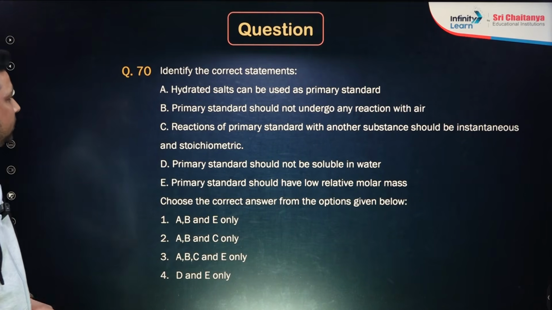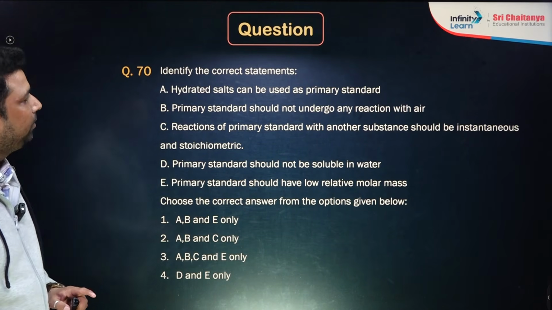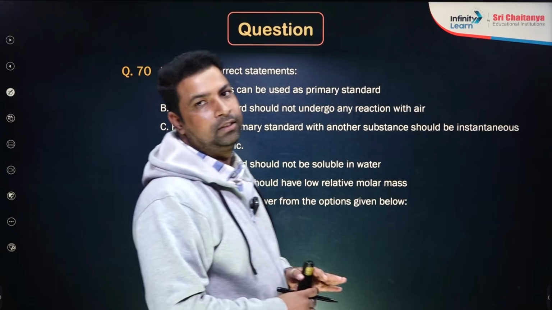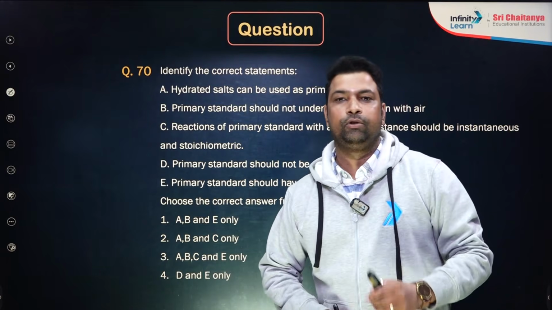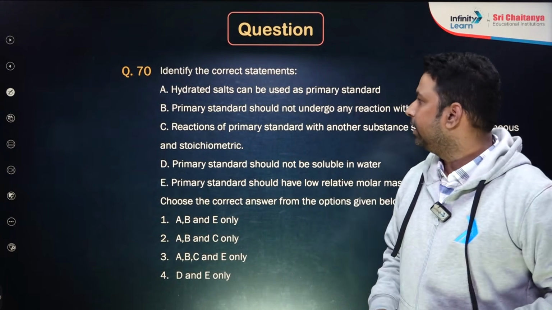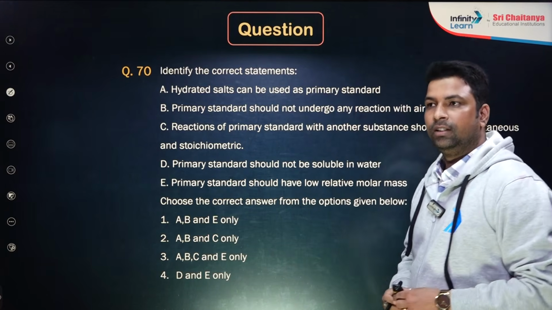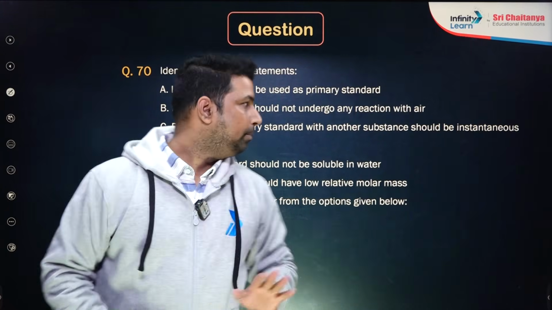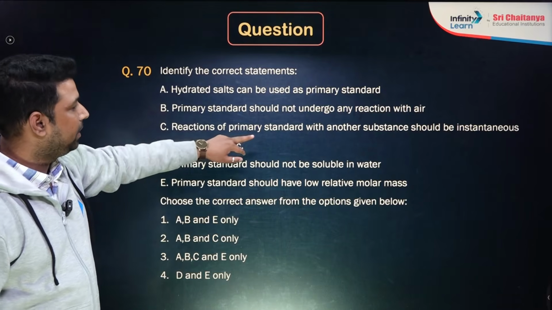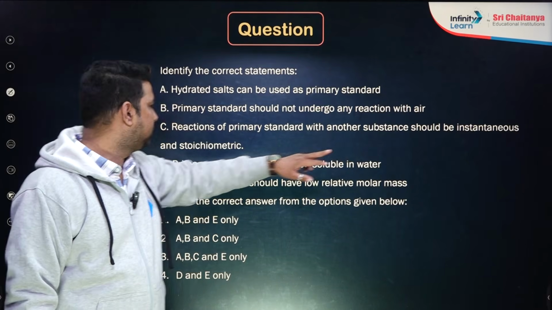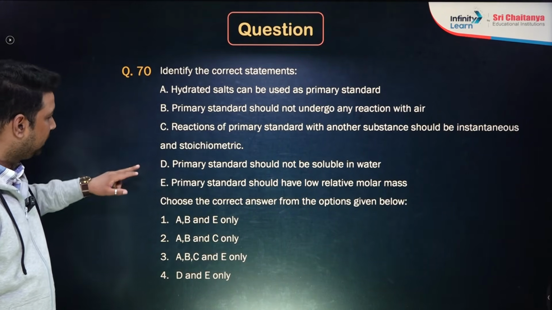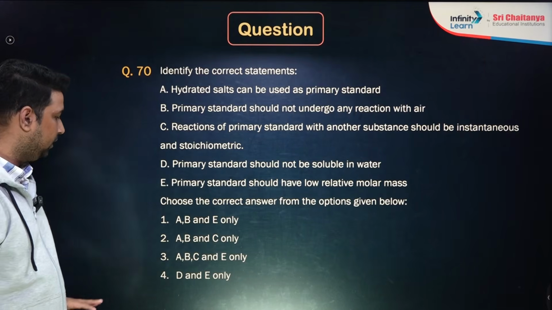The correct statement, hydrated salt can be used as a primary standard. Yes, it is correct. When we do titration, it is correct. Okay. Primary standard should not undergo any reaction with air. It is also correct. But reaction of primary standard with another substance should be instantaneous and stoichiometric, and primary standard should not be soluble in water.